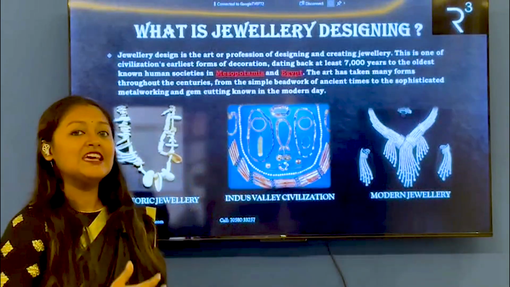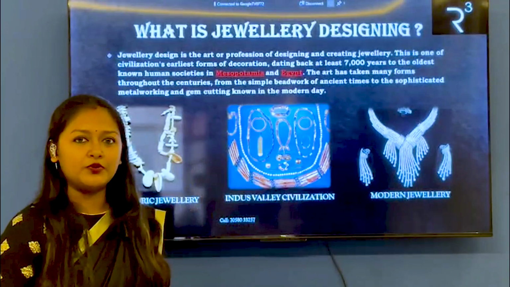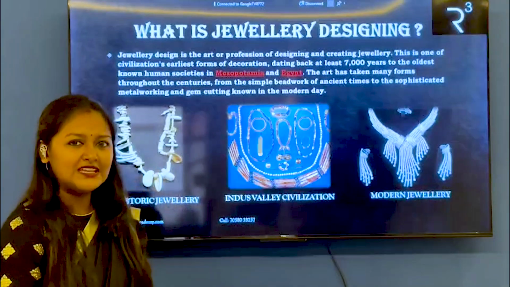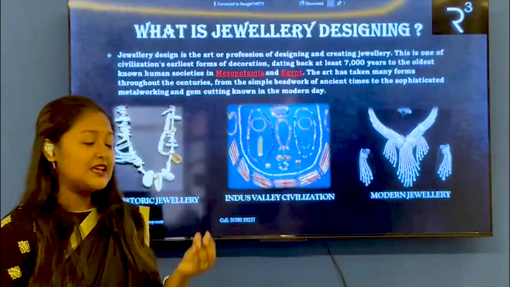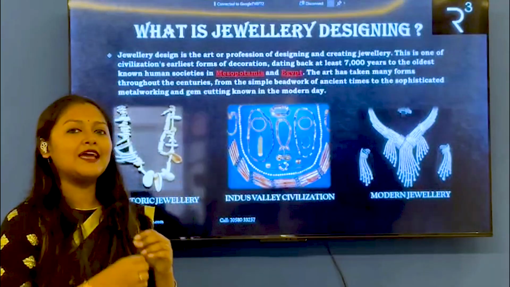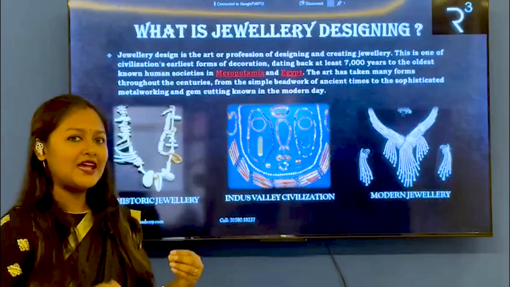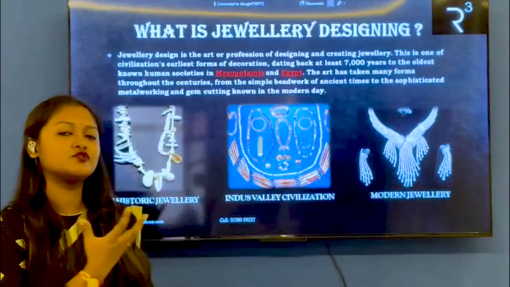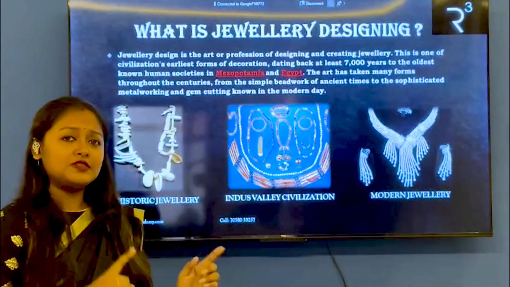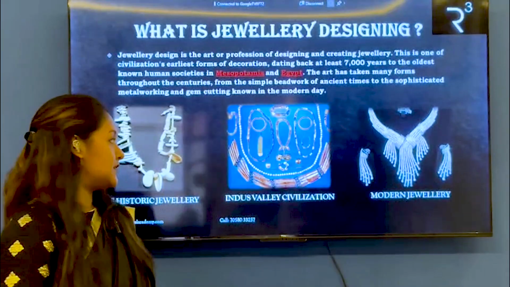Only the taste of the people is changing. In the prehistoric period, people had limited sources. They used to collect pebbles and shells, tie them with different types of threads, and make necklaces. They used to wear them on their hands, neck, ears, everywhere. That was their way of decorating themselves.